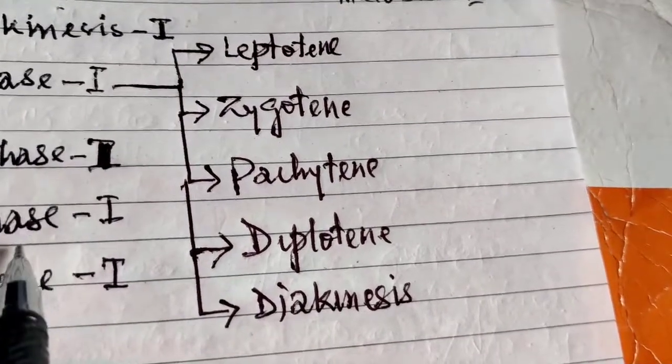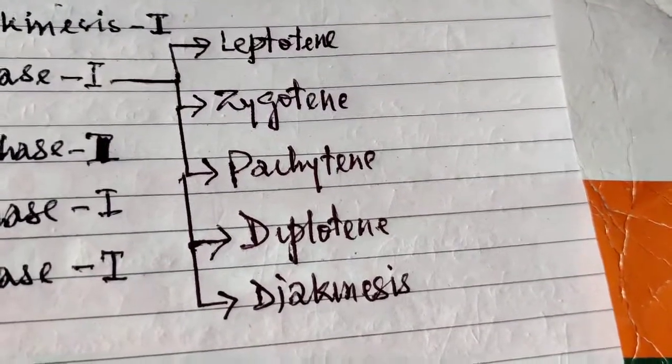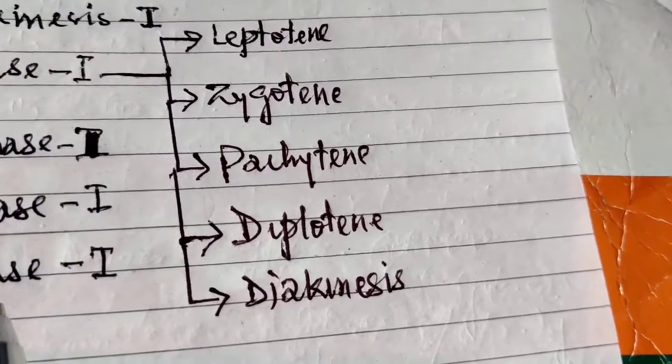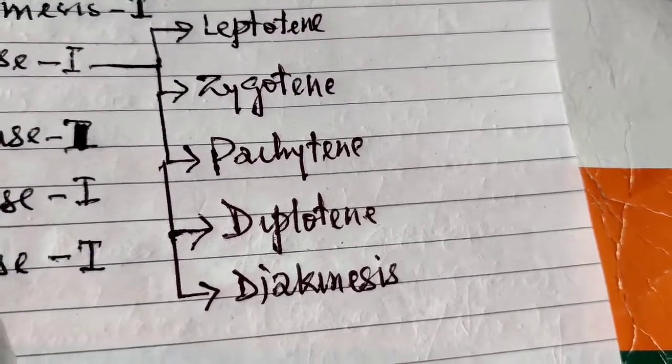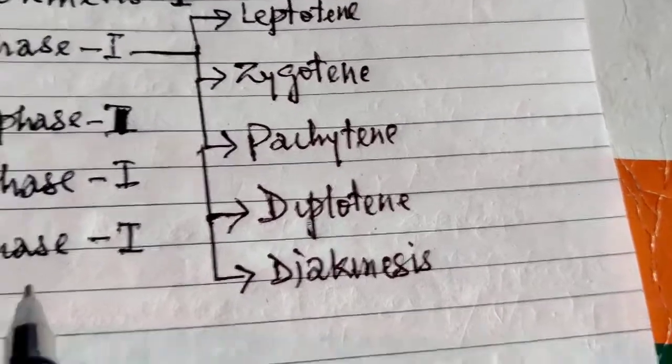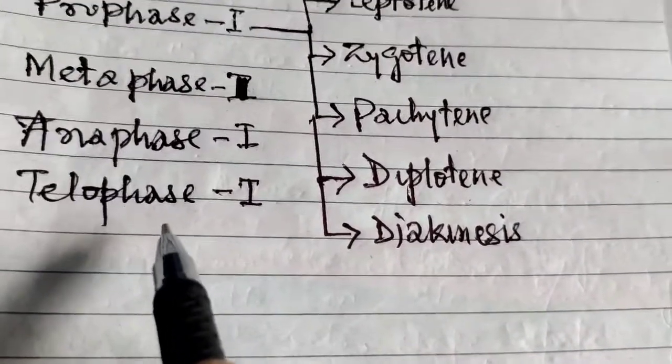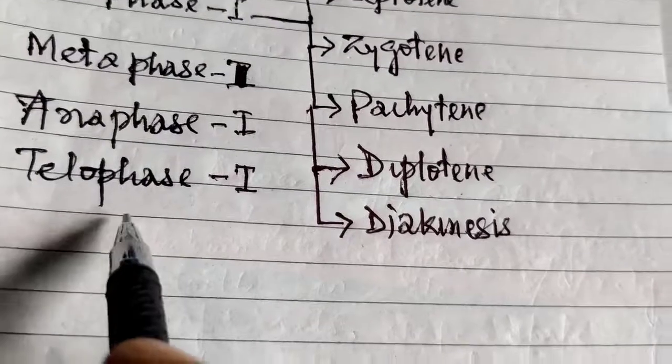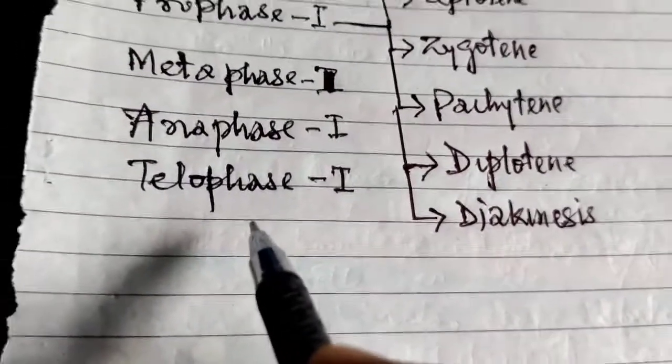Metaphase first is followed by anaphase first, and anaphase first is followed by telophase first, which we have seen in mitosis. But here the difference is that this division is reductional division.